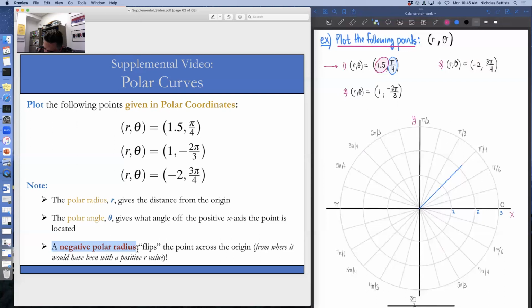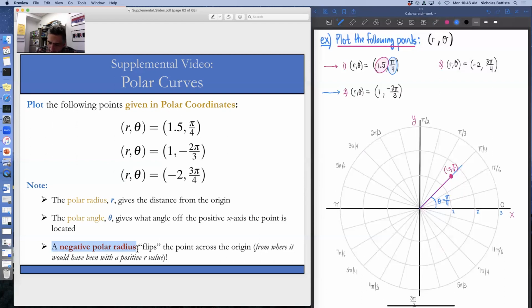So we're going to be a distance 1.5 from the origin, which basically puts us at that point there. So this would be our point, 1.5 pi over 4. Again, we're at an angle of pi over 4 and a distance 1.5 from the origin. All right, let's take a look at the next point.